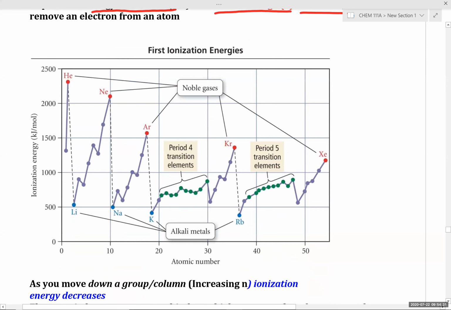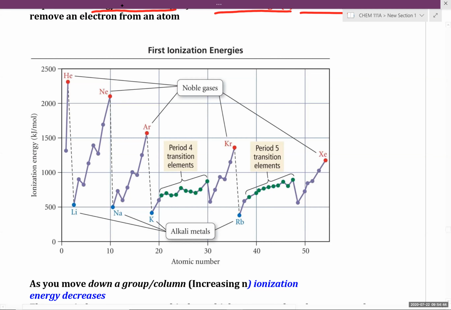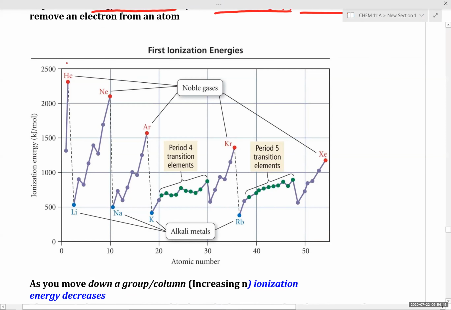So let's now look at a graph of ionization energy as a function of atomic number. So I'm going to label the graph with different n values. So we have n equals 1, n equals 2, n equals 3, n equals 4, and n equals 5.